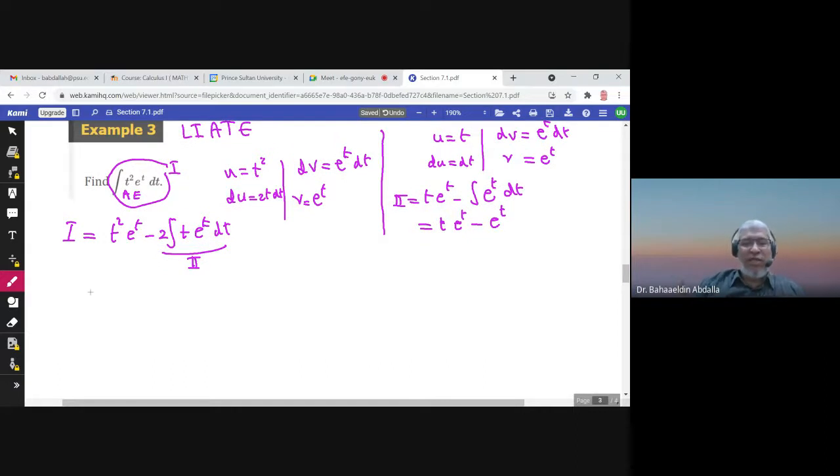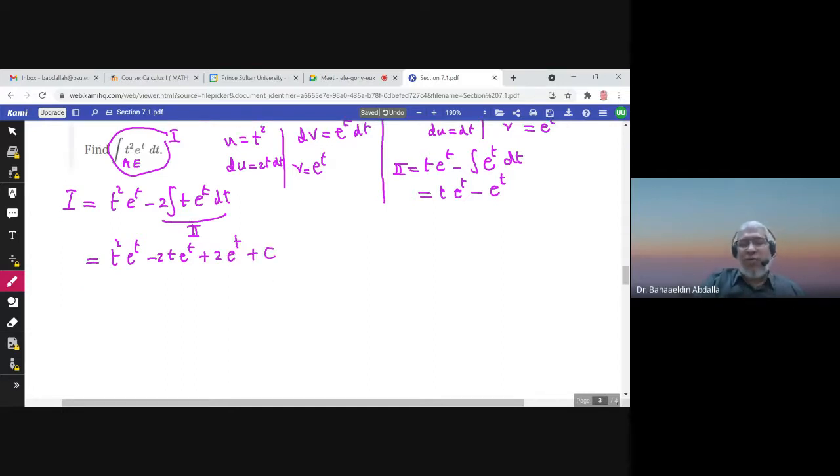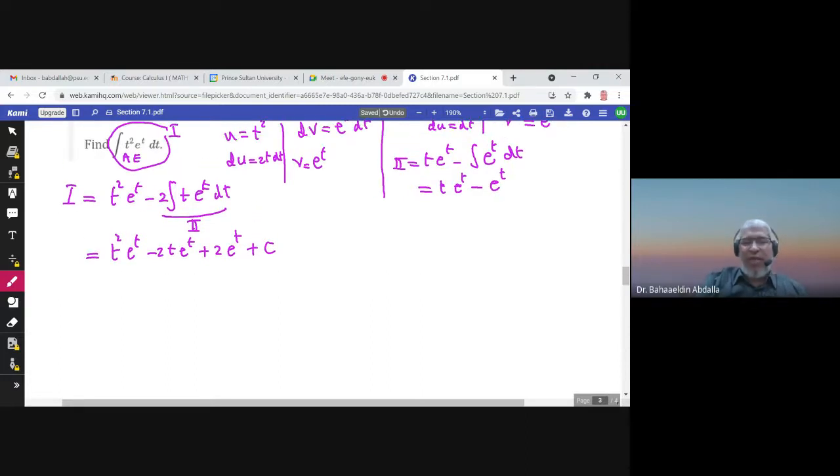So the final answer would be t square e^t minus 2 times this. So it would be minus 2t e^t, and minus 2 times negative e^t, so it would be plus 2e^t, and we add C. So we used integration by parts twice. There is another method which I can use, which could be easier than this.